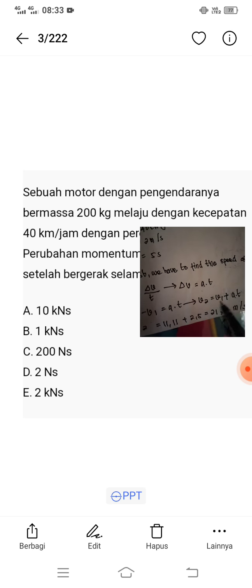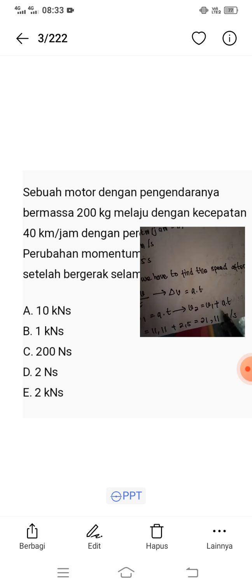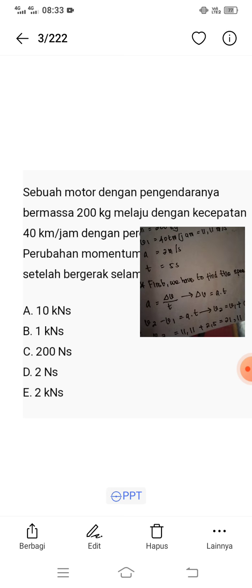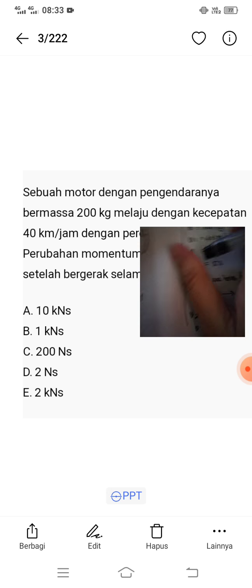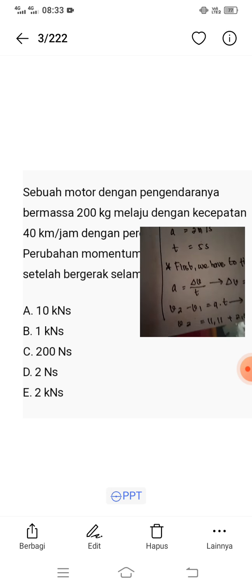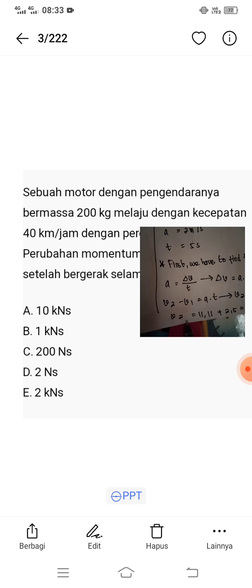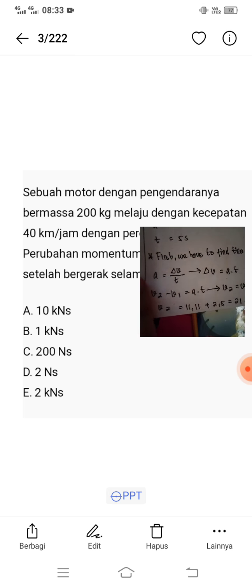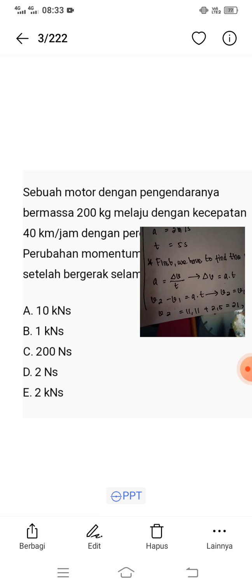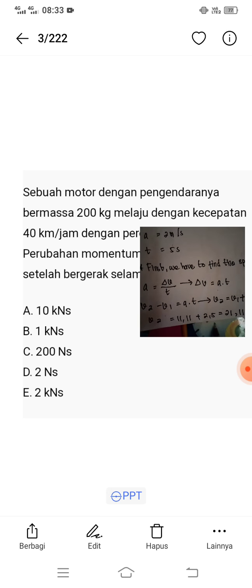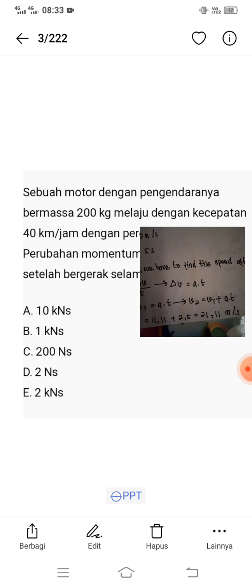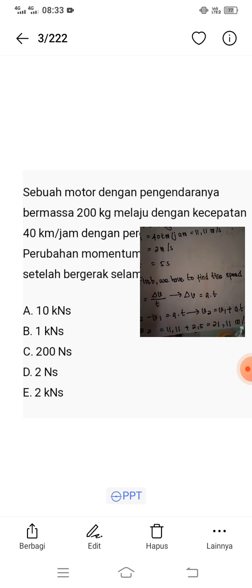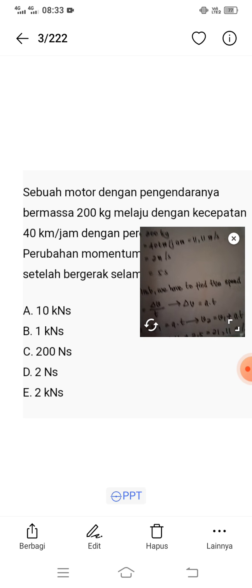Velocity 2 is velocity 1 plus a multiplied by t. Velocity 2 is 11.11 plus 2 times 5, which is 21.11 meters per second.